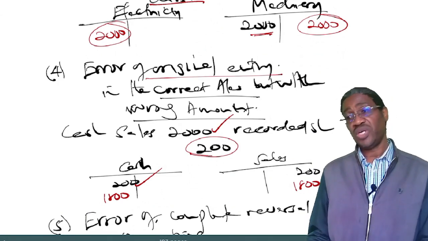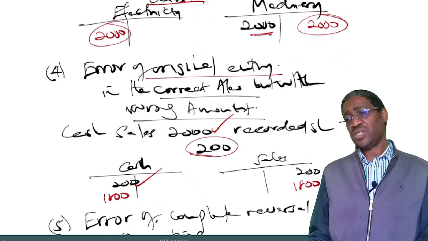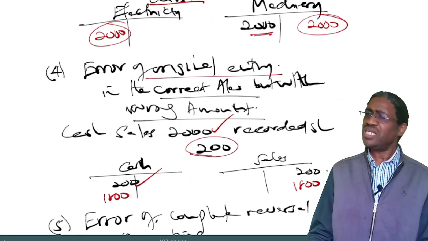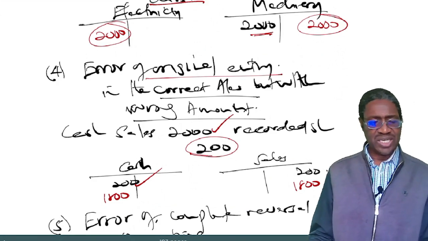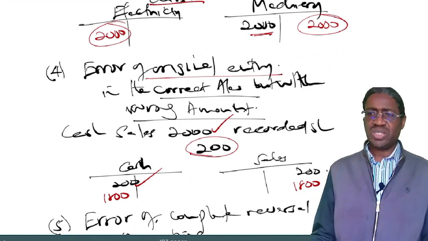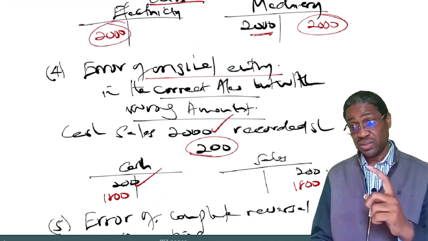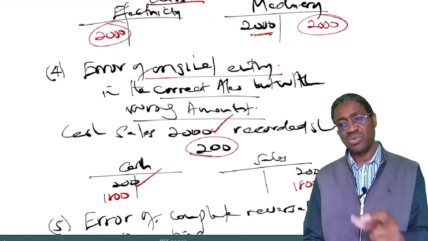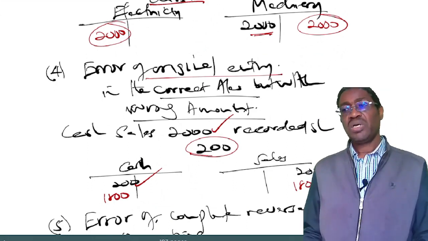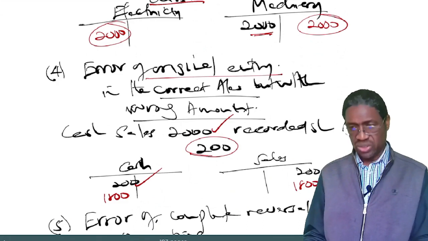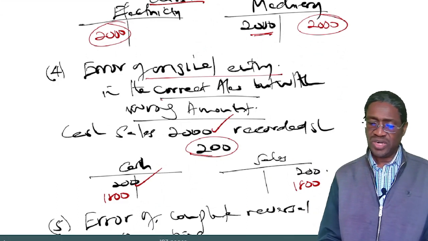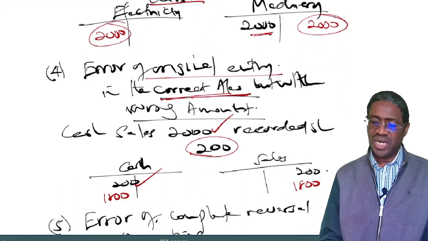This occurs where a transaction is recorded in the correct account, but with the wrong amount. So underline correct account, underline wrong amount.